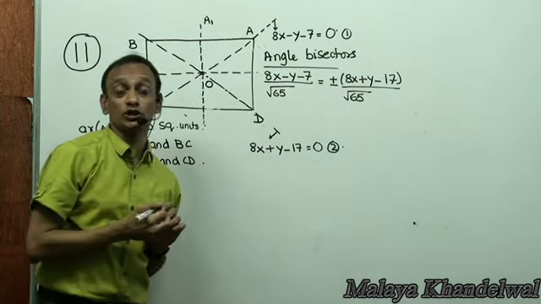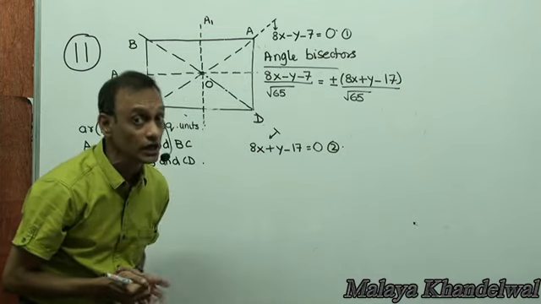The plus sign will give me the equation of one of the angle bisectors. The minus sign would give me the equation of the other angle bisector.